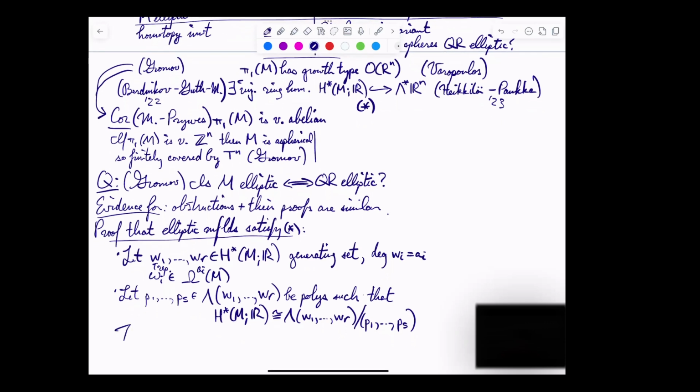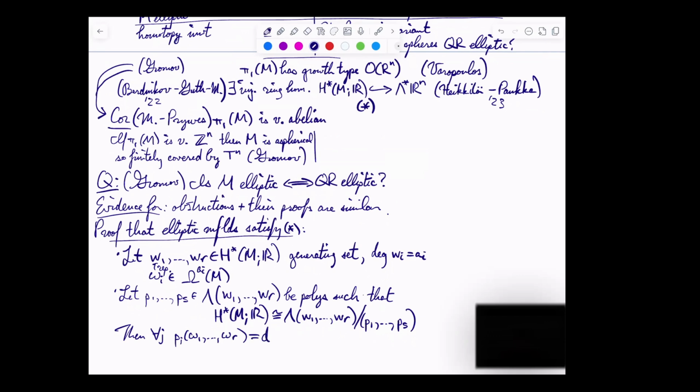And then for each of these polynomials, if we plug in these forms, we get something that's cohomologically trivial, so it's an exact form.